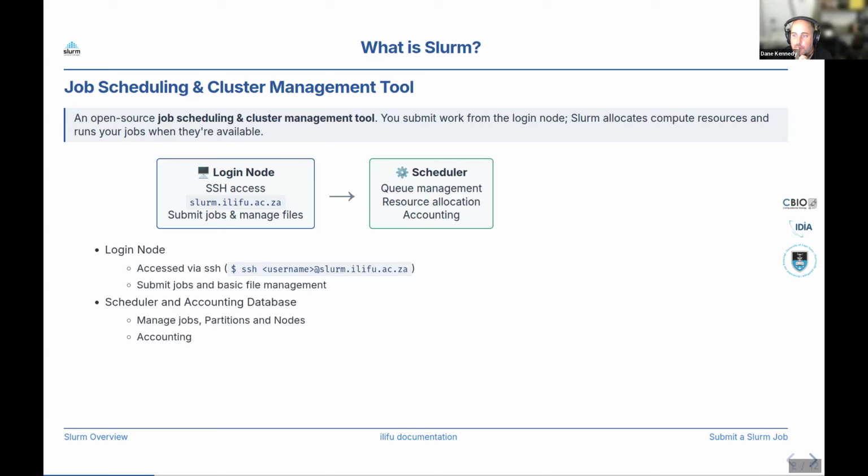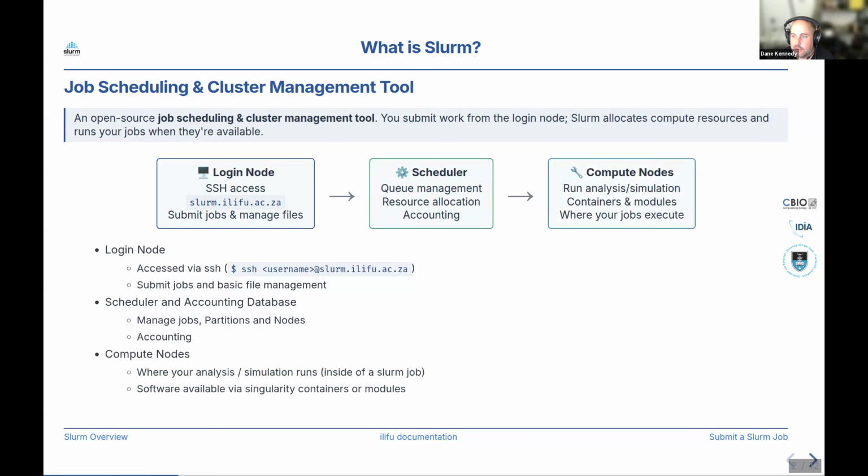Slurm provides a framework for starting, executing, and monitoring jobs, and these are the commands I will cover a little bit later. And it manages a queue for pending work. So when you submit a job, it first sits in a queue and waits for its turn to run. In Slurm, these queues are called partitions, and there are several different ones you can choose from, and I'll cover that in the next slide.